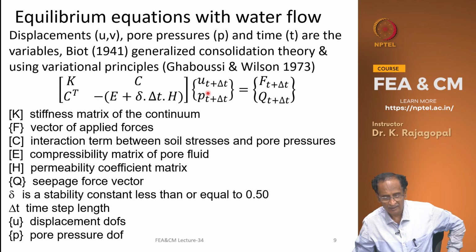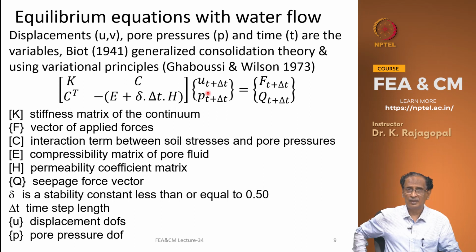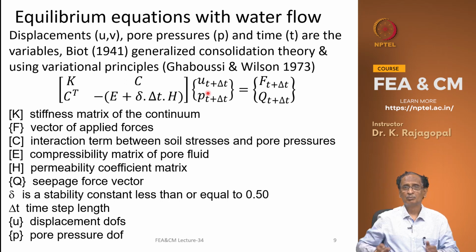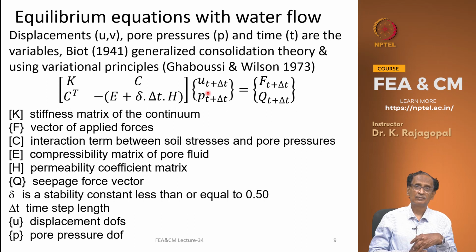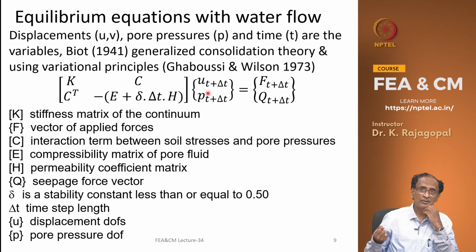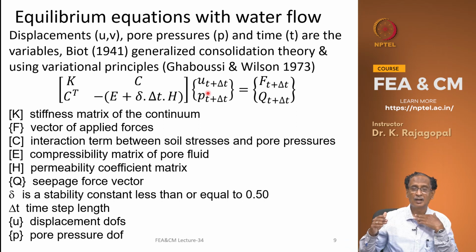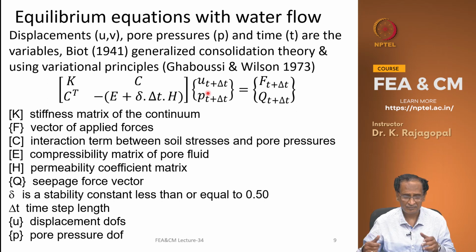And the other thing that we normally do is the consolidation analysis. That is what happens if you have drainage happening through the soil, and the pore water pressure continues to dissipate with time, and then the effective stresses increase. And how do we do that analysis?